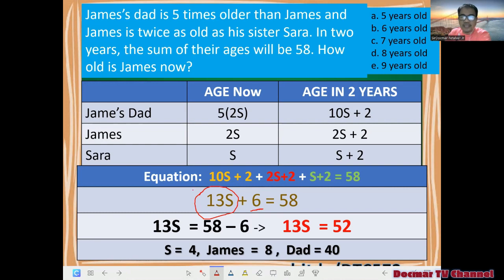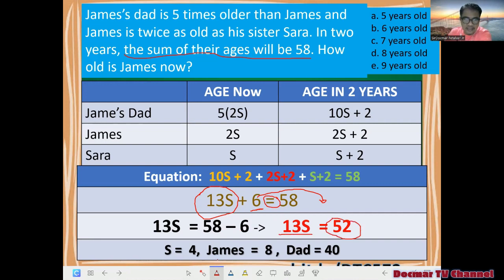Then we have to equate the equation to 58, kasi nga, the sum of their ages will be 58. Therefore, 13S is equal to 58 minus 6. So when we transpose the whole number to the right of the equation, kasi meron itong equality sign, positive once transposed becomes negative. So 58 minus 6 is equal to 52.